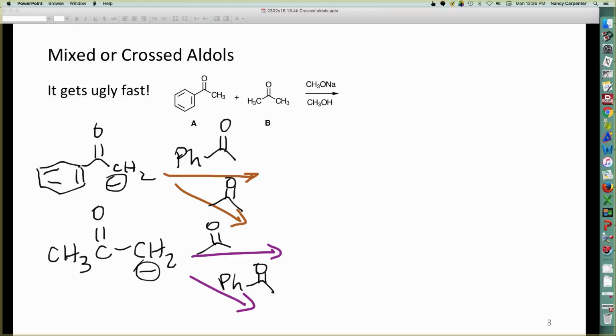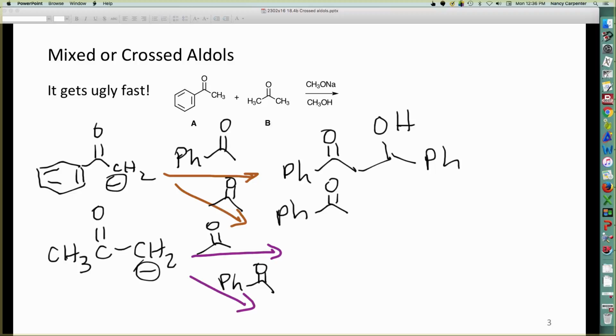So I have a total possibility of 4 products, and that's not even including the dehydrated products. So I could get this, I could get this, I could get this, and I could get this.